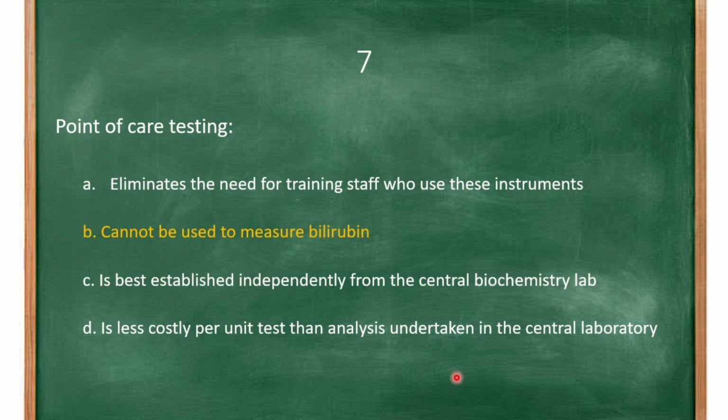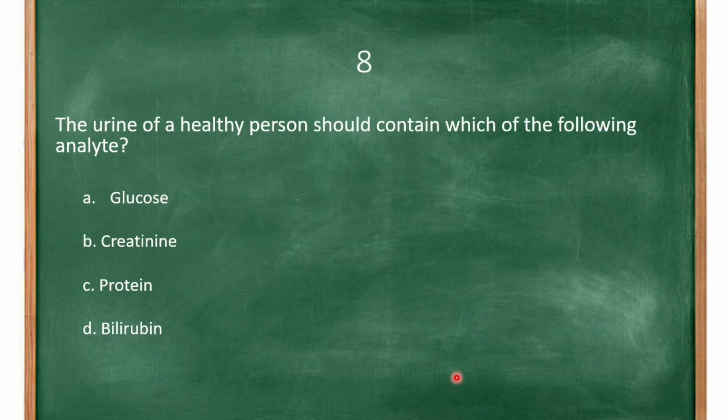So point of care testing may be relatively more expensive than labs done in the central lab. Okay, so the answer we chose for question 7 is B, that cannot be used to measure bilirubin.